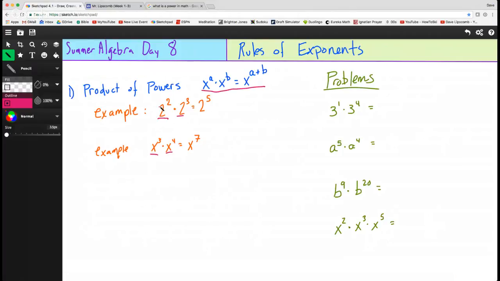Some people want to say, well, because this is all multiplication, I should be multiplying my exponents. Don't make the mistake of multiplying exponents. And I'm going to show you why.